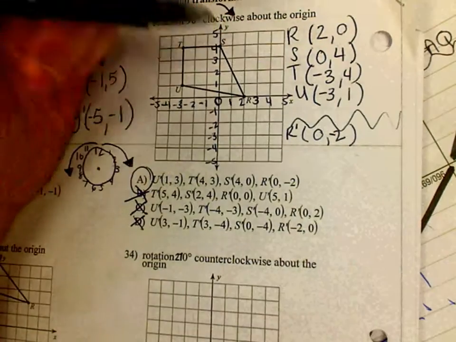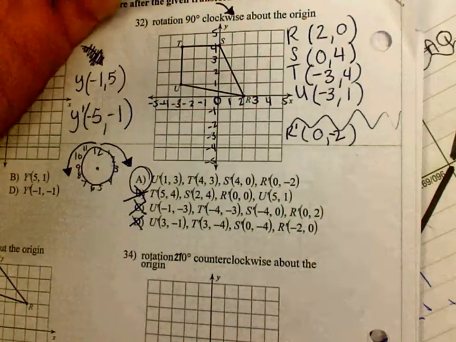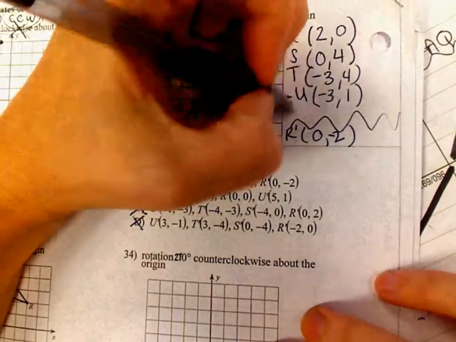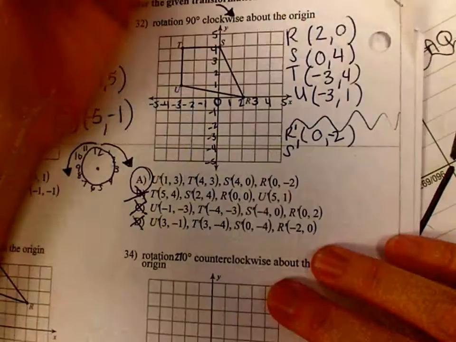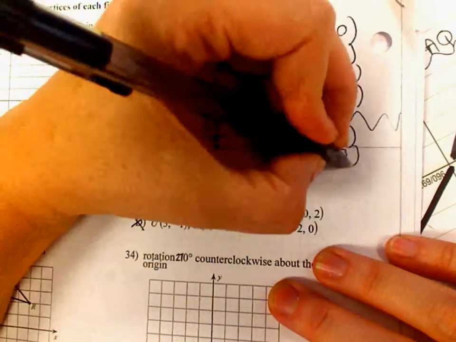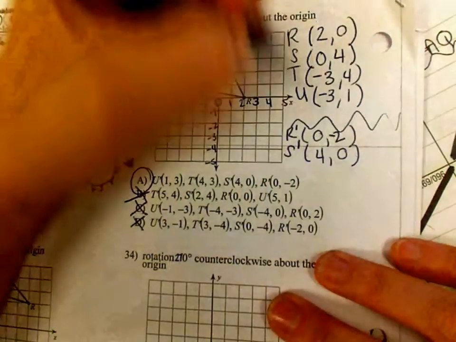Let's finish the rest of the coordinates and graph it just for extra practice. So R was 0, -2. S, the coordinates switch places, and the one on the right changes, but it's 0, so keep it.